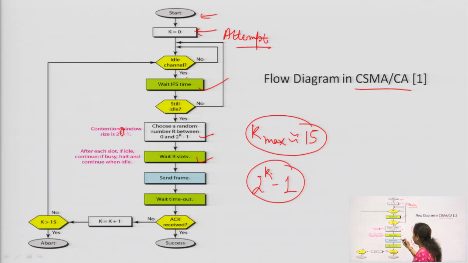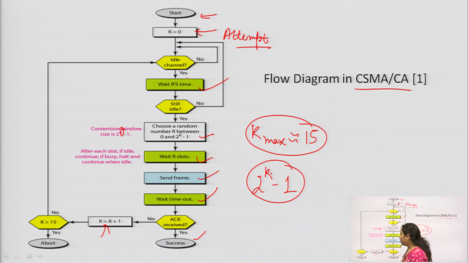Now, we have to wait for r slots, then send the frame, wait for the time out, and then the acknowledgement will be received. If this acknowledgement is received correctly, then yes, it is a success and the reception of the data will take place. If it is not, then we set k equals k plus 1, meaning we make the next attempt.